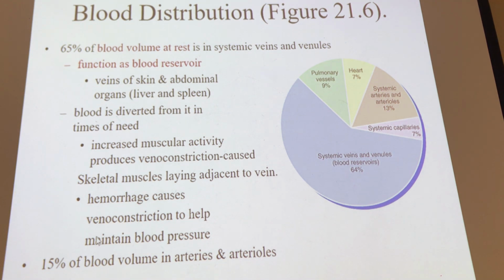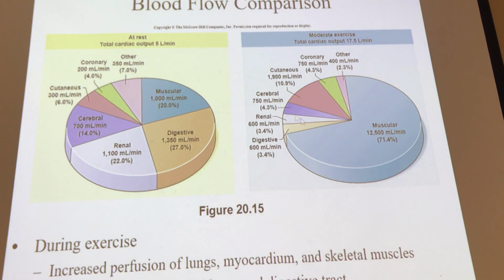Now, what happens when we start exercising? Take a look at this. Remember when I mentioned that when you are resting and digesting, that's at rest? At rest, cardiac output, 5 liters per minute. But more importantly, look at where we see the blood going. At rest, rest and digest, there is less sympathetic activity to the GI tract, the smooth muscle of the arteries there.